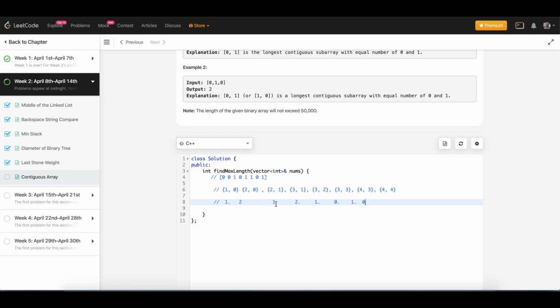So in every one we subtract the 1. So here we see we get the actual subarray. So every one, the difference here, if we subtract this, we will get the actual subarray with an equal number of zeros and 1.